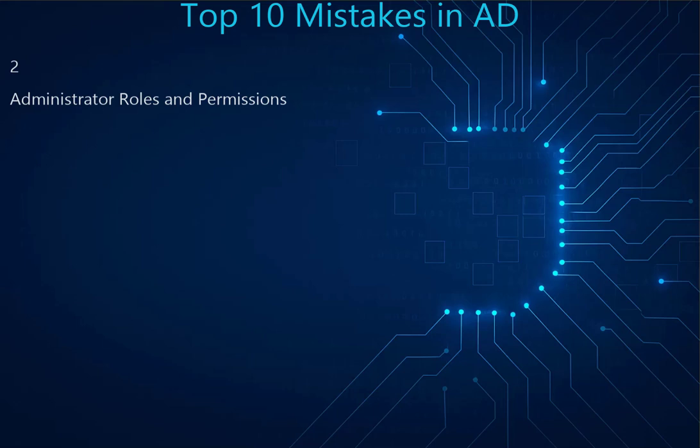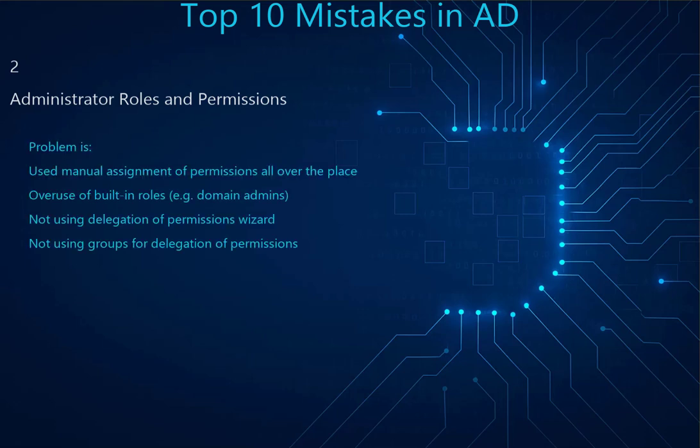And so what we typically see in many Active Directory environments is that these administrators used manual assignment of permissions all over the place, and there's no tracking of who got what permissions. It is a nightmare to try to track that or redo it or remediate.